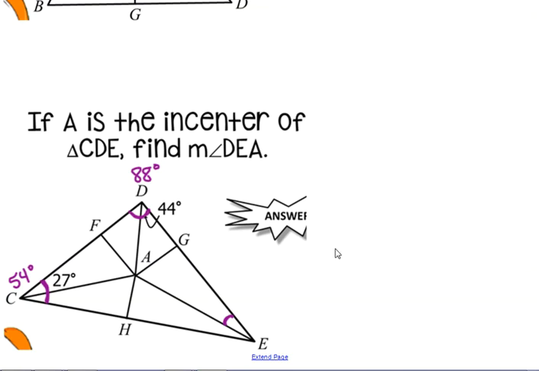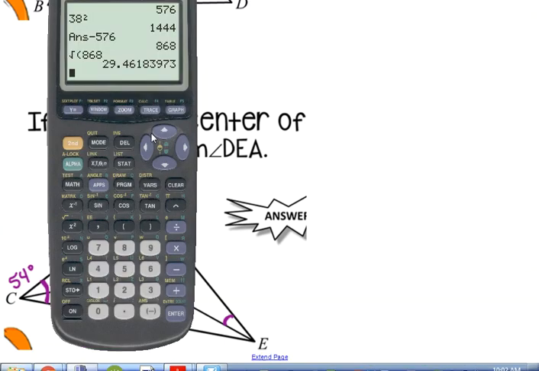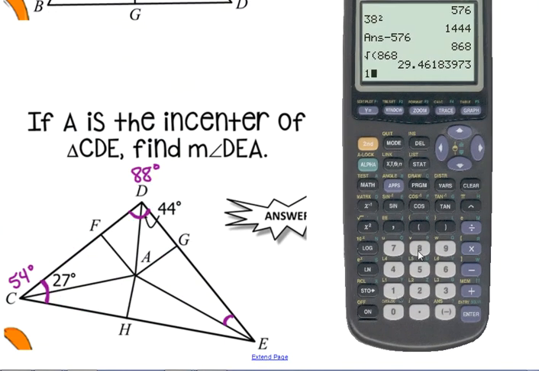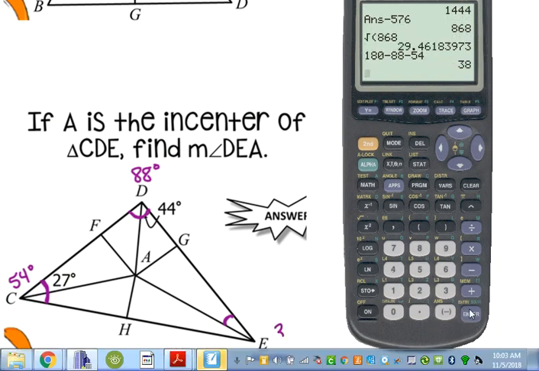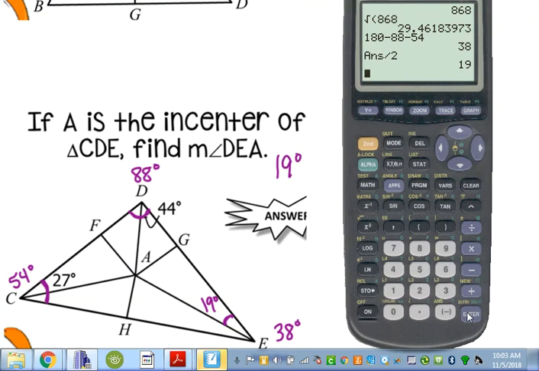Add them up and subtract from 180, to find that third angle of the triangle. 180 minus 88 minus 54. So angle E is 38, but were they asking us for angle E? No, they were asking us for the little part, which is only half. So 19 degrees is the measure of angle DEA.